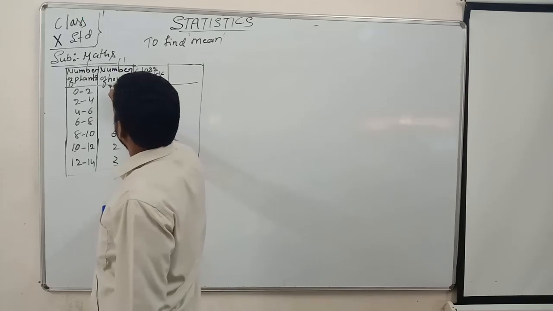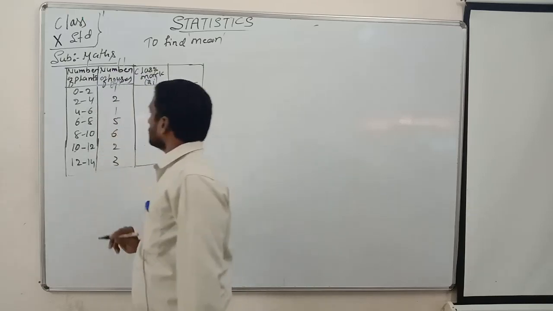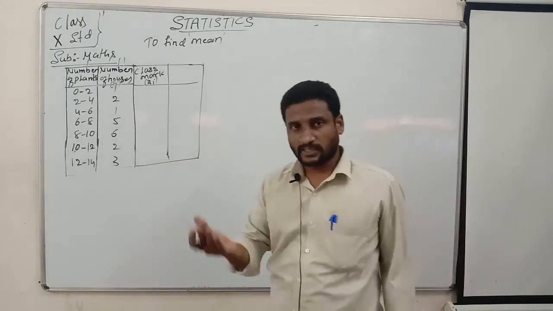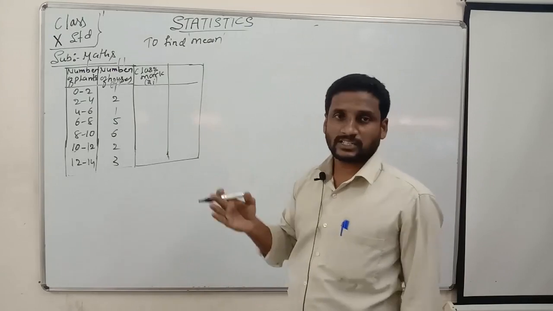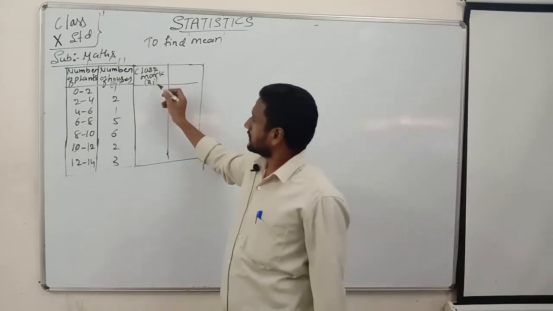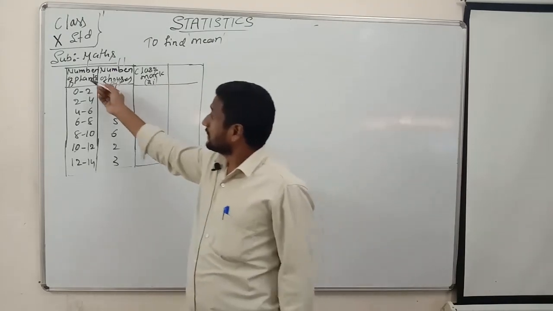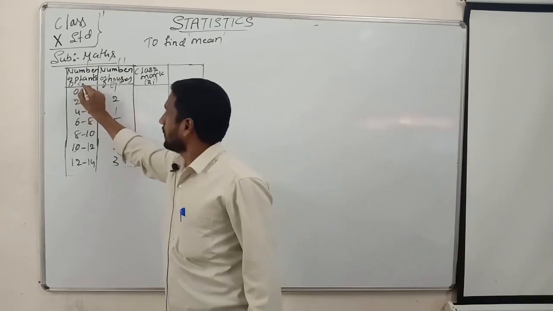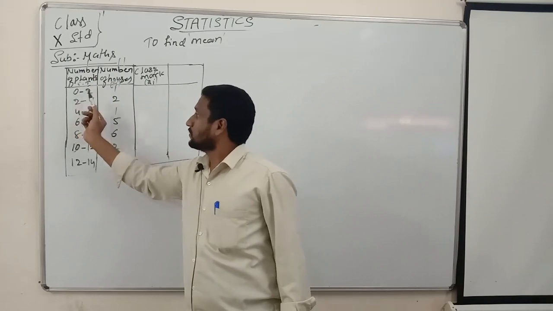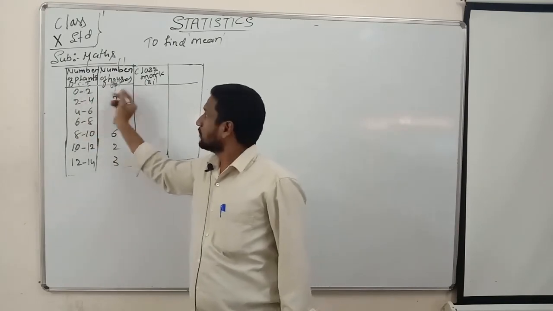The number of houses is represented by fi. Number of houses is nothing but frequency, meaning how many houses have those plants. So it is represented by fi, and the class mark is represented by xi. How to find this class mark? By taking the class interval of number of plants. See here, for number of plants 0 and 2, add these two and divide by 2, we get the class mark.